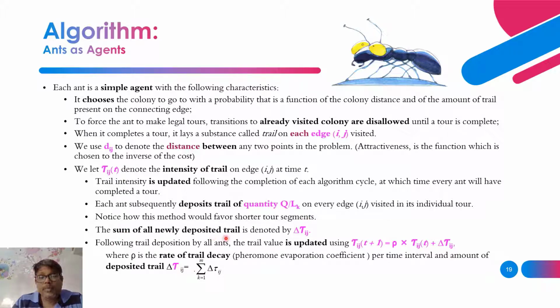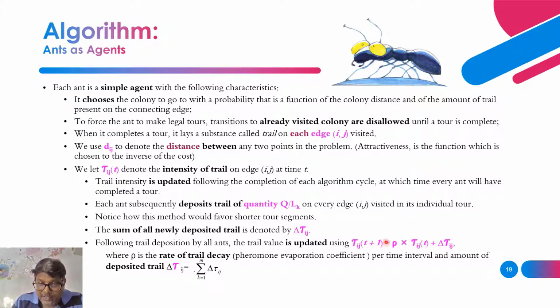The newly deposited trial will be denoted by del tau_ij, the trial deposition by all the ants. Following that, the trial value is updated using tau_ij(t+1) = rho times tau_ij(t), the previous intensity of trial, plus the newly deposited trial value, del tau_ij.